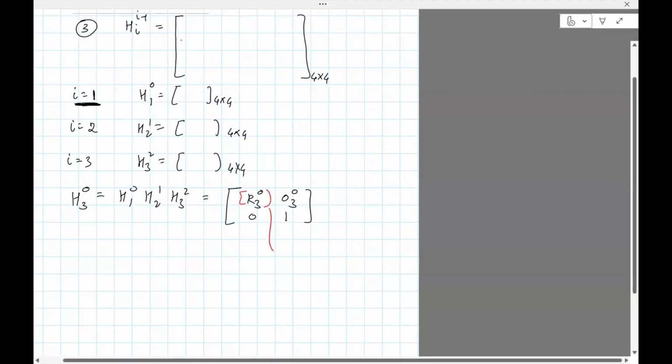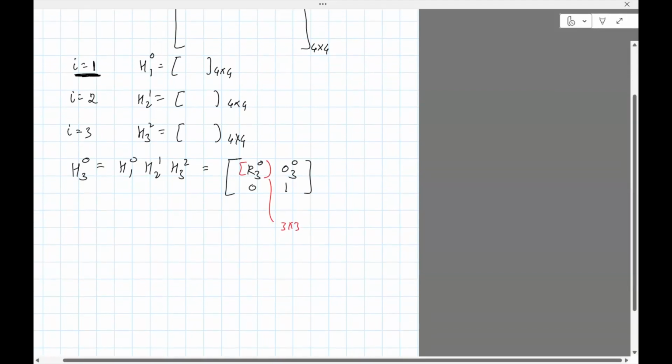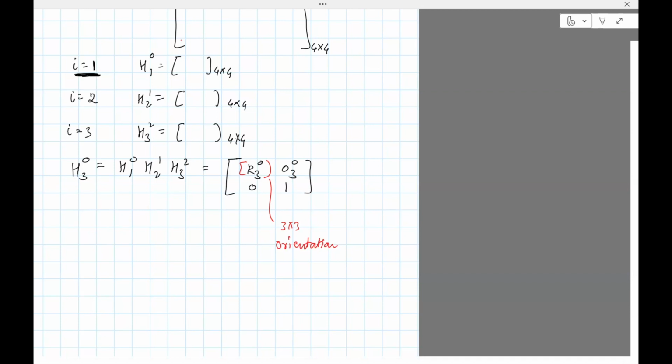This matrix here will be a 3x3 orientation matrix. It'll give you the orientation of the end effector, and this part here is going to be a 3x1 matrix. It's going to give you the position of the end effector, and that's it, and you're done.